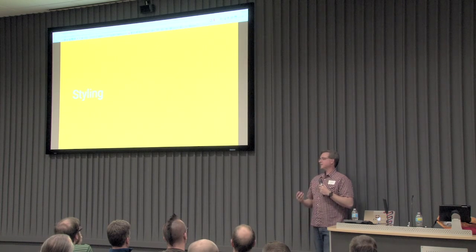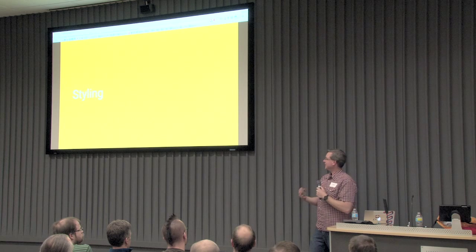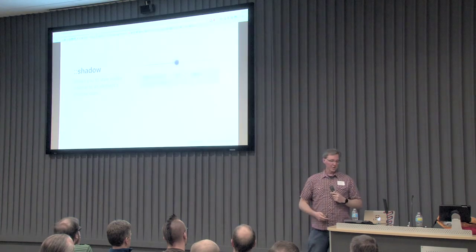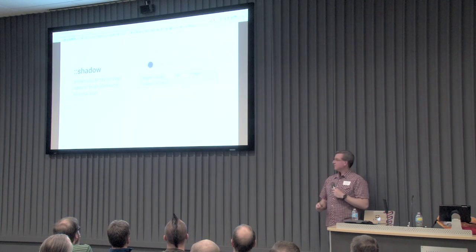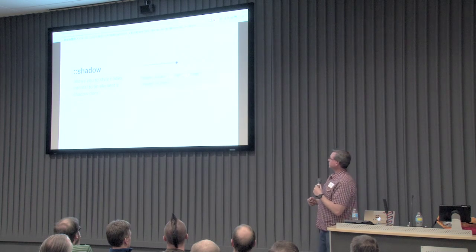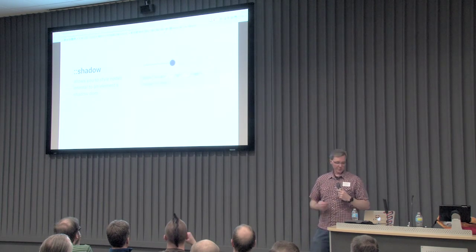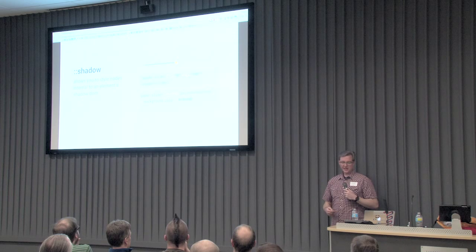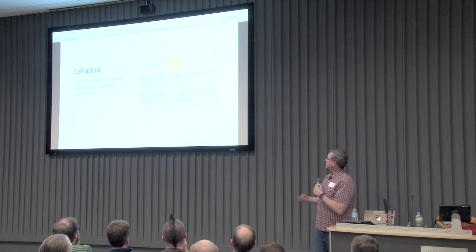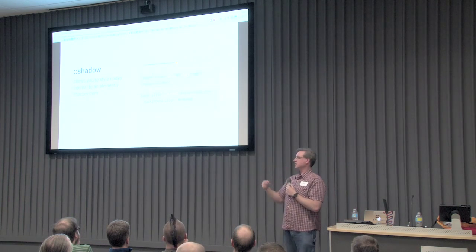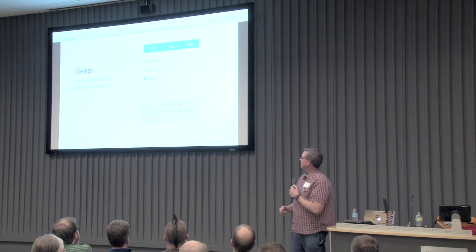So styling, by default, it comes with a standard set of styling of colors and layout. We can modify them by adding a pseudo element, which is part of the shadow DOM, and say change the default color of some elements.